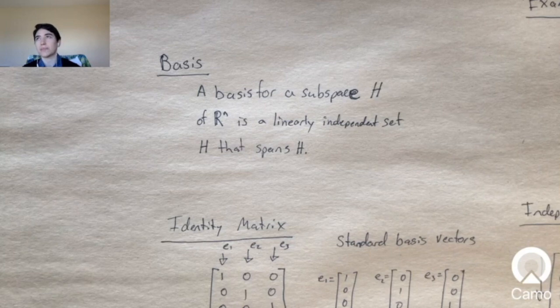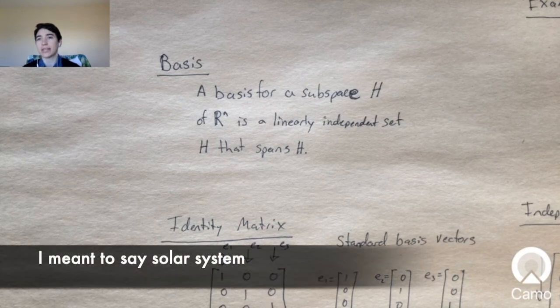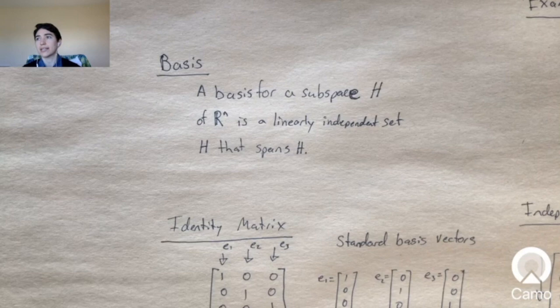Let's say our initial set of axes are from the center of the galaxy out as a vector to somewhere on the Oort cloud.